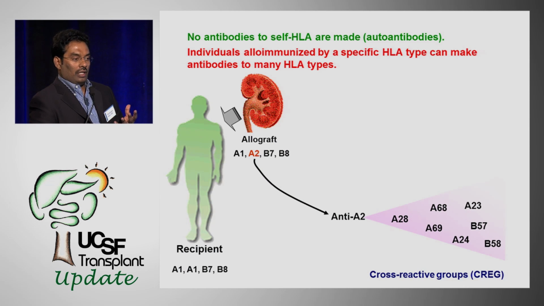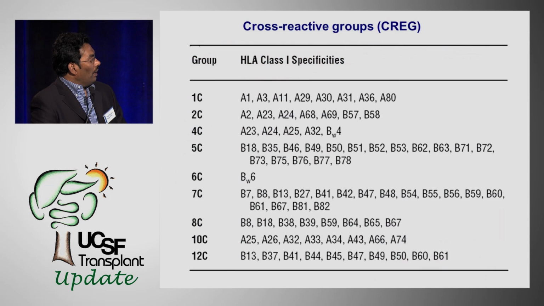You have one HLA molecule and multiple HLA antibodies, and the same antibody can bind to different HLA molecules. We call them cross-reactive groups. There are 11 different cross-reactive groups that have been identified. So when you have a patient's antibodies, it's never just a single antibody. You have a bunch of antibodies.